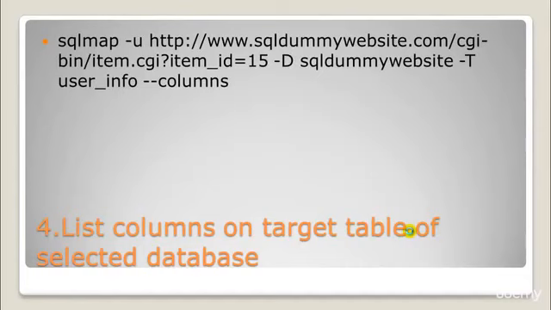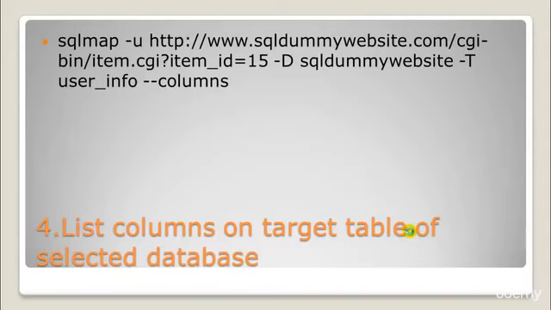Now coming to step 4, we need to list all the columns of the target table of the selected database using SQL map SQL injection. So we need to list all the columns of the target table user info of the SQL dummy website database. SQL map SQL injection makes it really easy by running the following command: sqlmap -u http dummywebsite.com -D SQL dummy website -T user info --columns.